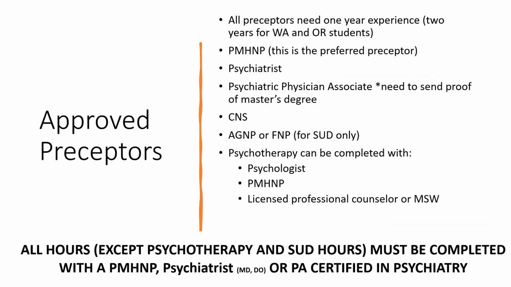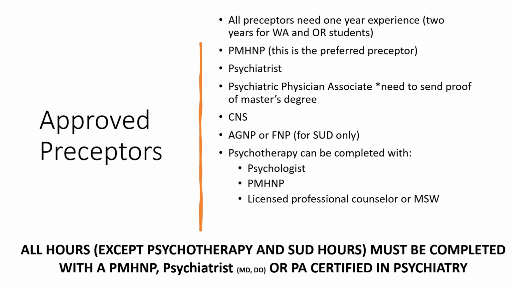Again, approved preceptors. So all preceptors need 1 year experience, 2 years in Washington or Oregon. PMHNP is preferred. So a psychiatrist, again, who's an MD or DO psychiatrist, not an MD or DO in anything else but psychiatry. Although many psychiatrists, some of them do have dual degrees, say in neurology or something else.